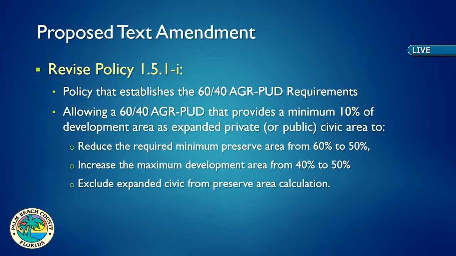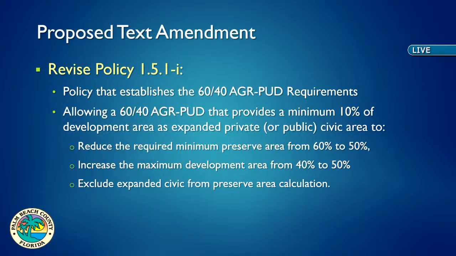So the main proposed policy revision is to revise the 60/40 AGR PUD policy, allowing a 60/40 AGR PUD that provides a minimum 10% of its development area as expanded private or public civic area to reduce the required preserve percentage down from 60% to 50% and increase the development area percentage from a maximum of 40% to up to 50%.